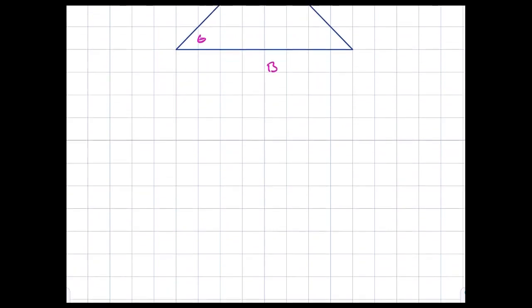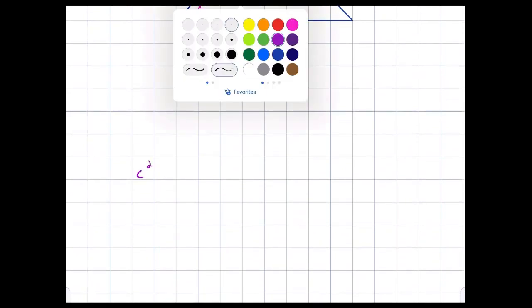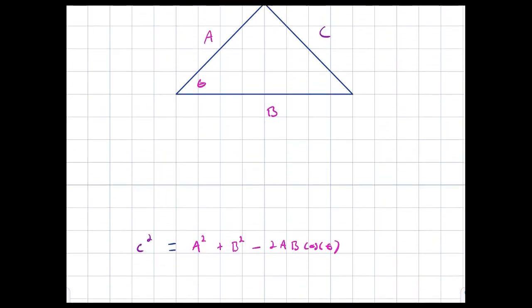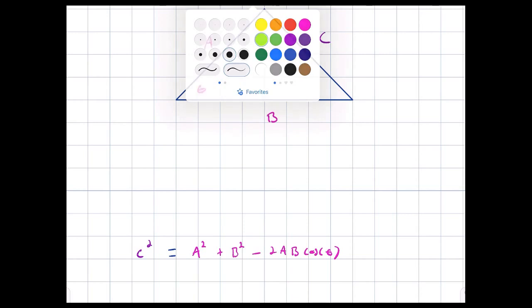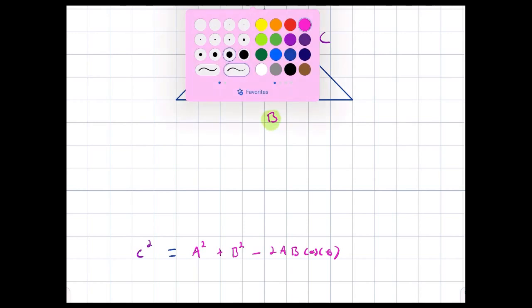Well, I know that C squared is going to be equal to, from the law of cosines, A squared plus B squared minus 2 times A times B times cosine of theta. I'm going to put these in green to really emphasize that I know what these are, and I don't know what these are.